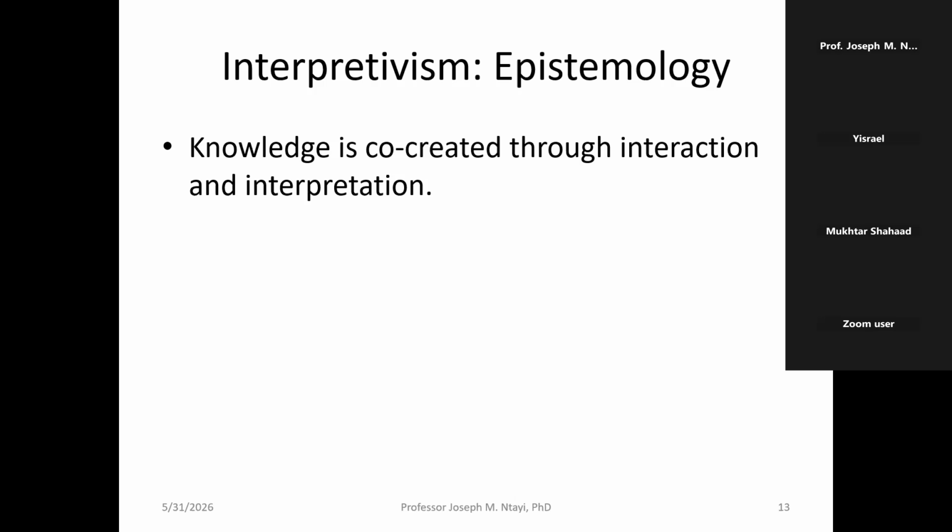Again, there are many other examples. For some of you who are in procurement, for example, you can take an example of public procurement reforms, and you come up with a research problem like, while procurement reforms have been extensively implemented, little is known about how procurement officers experience and interpret the implementation of these reforms within public institutions.